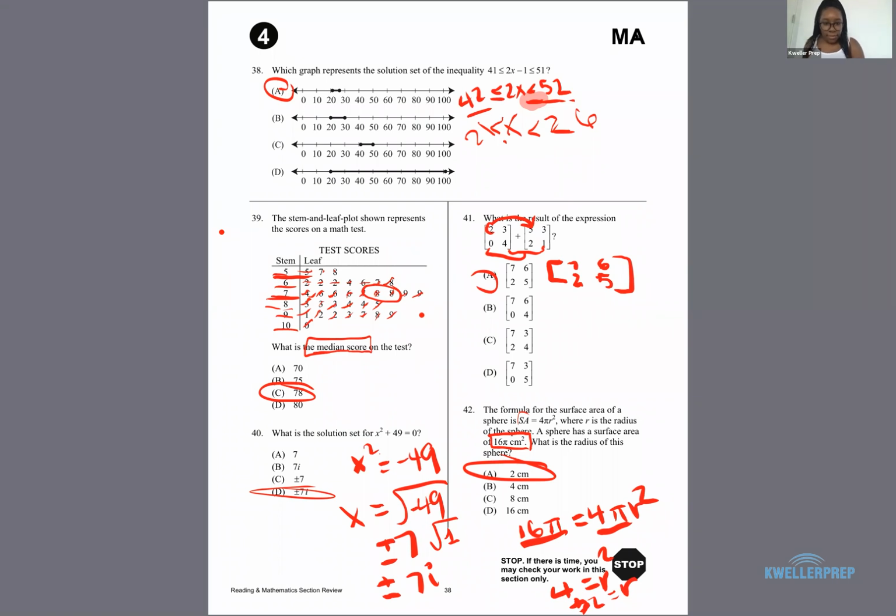You don't have the PDF. Okay, I'll put the PDF in the chat. No questions, guys?